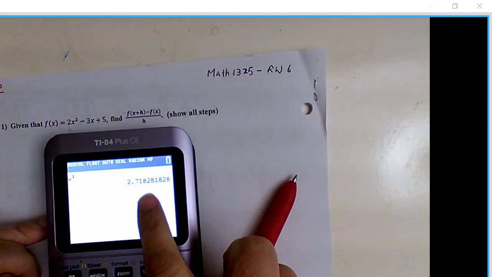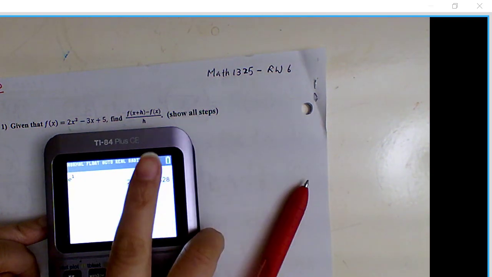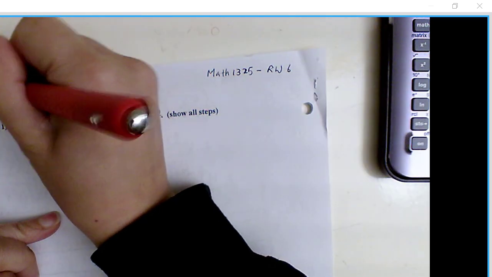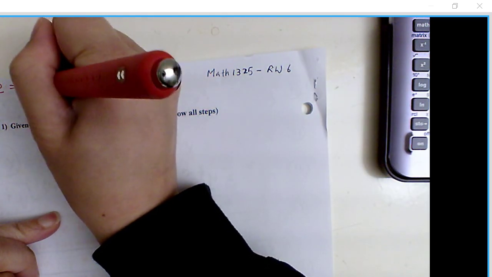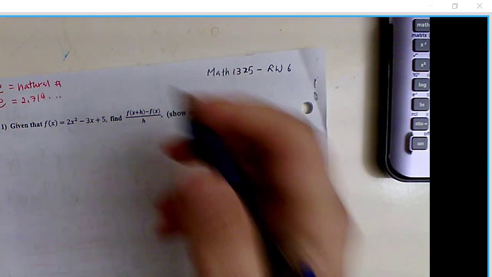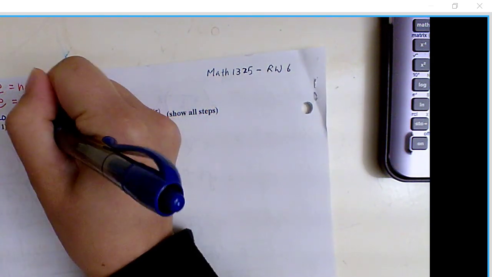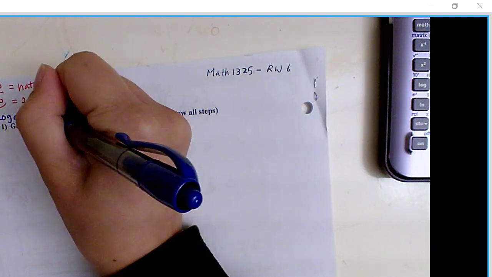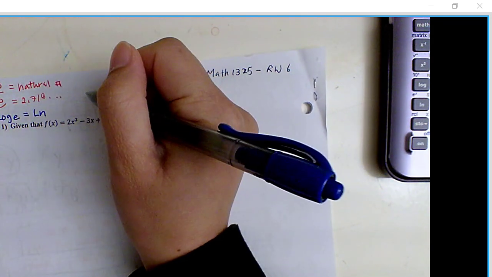So if I do e to the first power, it is 2.7182, and then this number will go on forever. So e is a natural number, and it equals 2.718. Keep going. If you see a log base e, that's going to be the same as ln.